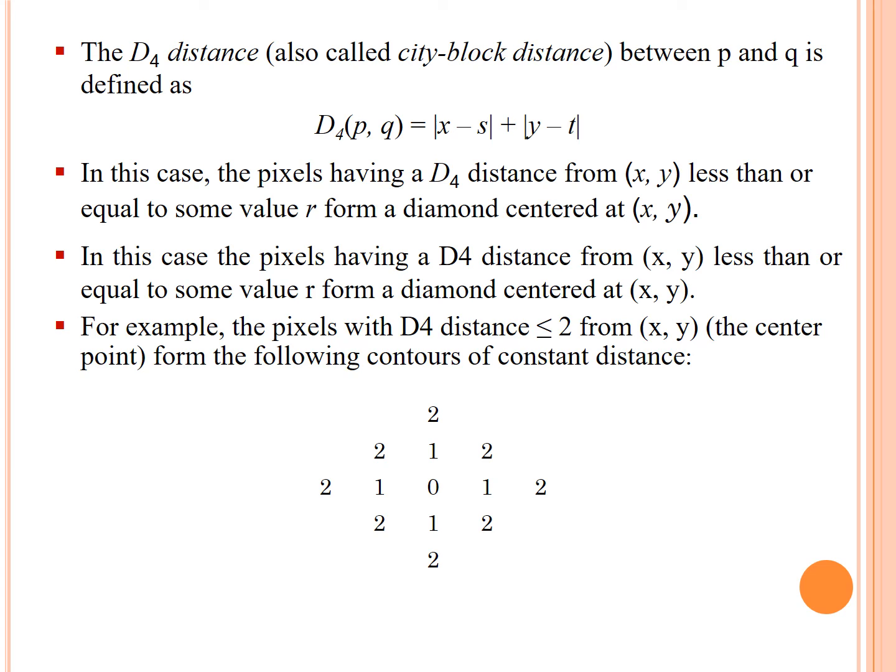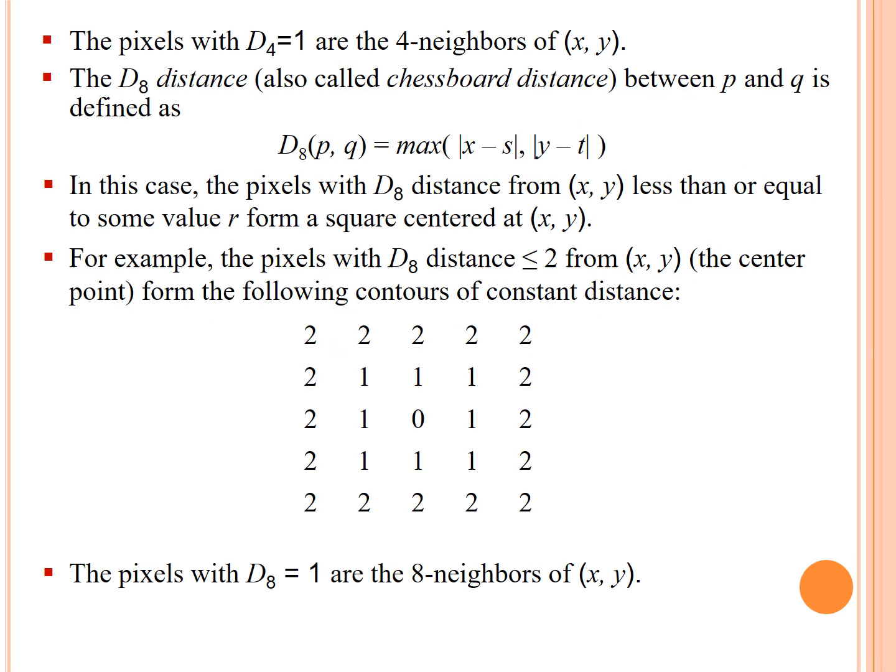For example, the pixels with D4 distance less than or equal to 2 from (x, y), the center point, form the following contours of constant distance, as shown here in the figure. The pixels with D4 equal to 1 are the neighbors of (x, y).